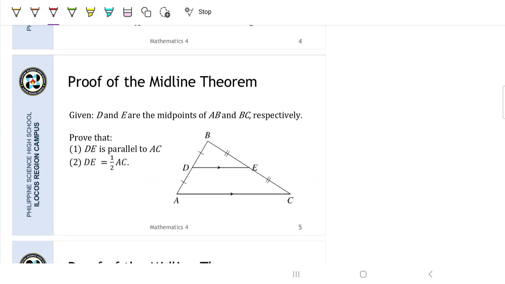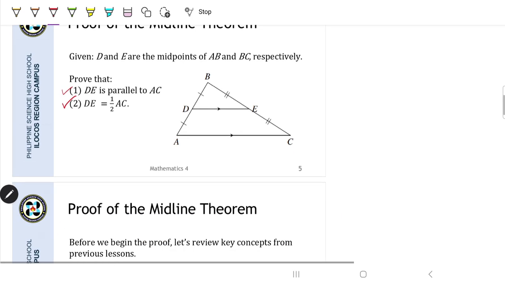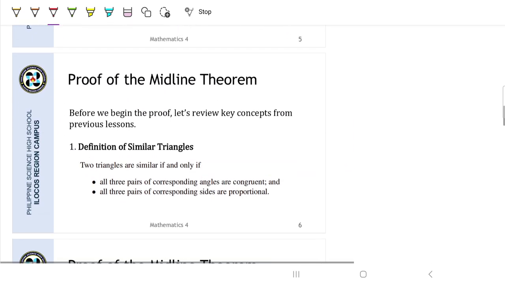If indeed, number 1, DE is really parallel to AC, and number 2, DE is 1/2 the length ni AC. Okay, but before we can show the proof, let's review some key concepts which we will use later on in our two-column proof.